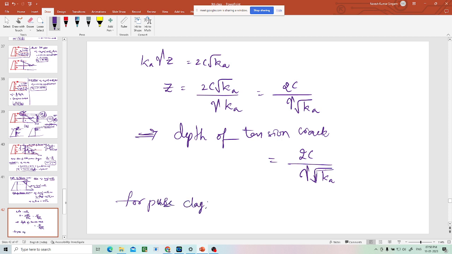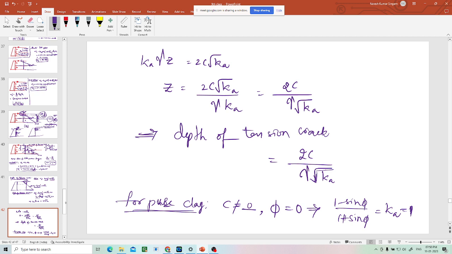Now for pure clay, c will have some value, but phi will be 0. If phi is 0, then 1 minus sine phi by 1 plus sine phi, which is equal to Ka, becomes 1, since sine phi is 0. So for pure clay, Ka equals 1.